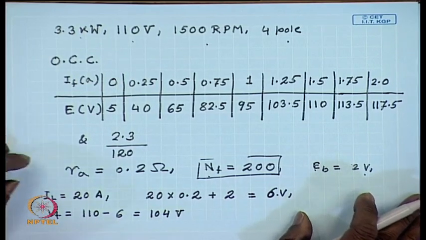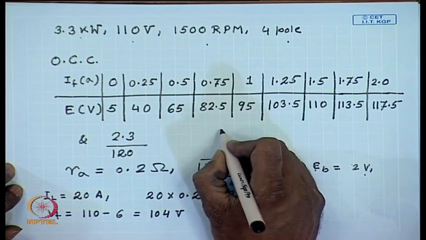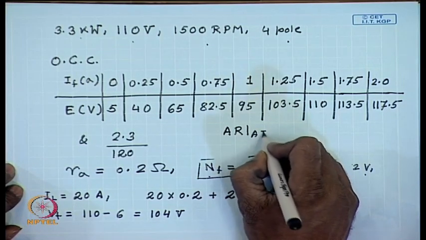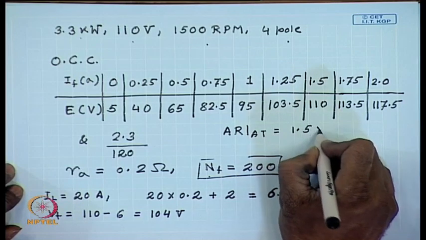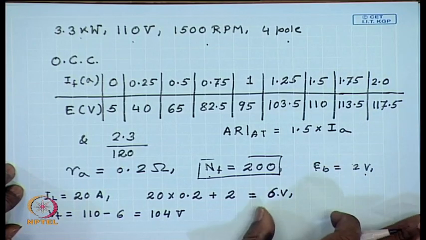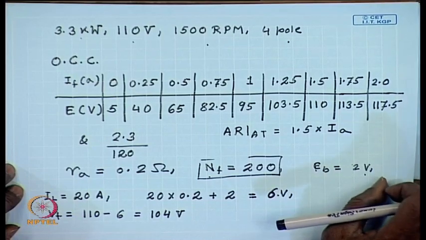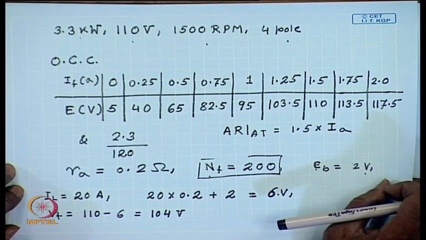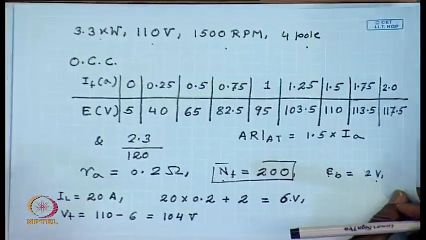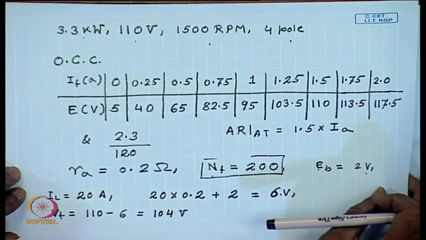Then we are also mentioned that the effective armature reaction ampere turns, AR ampere turns, equal to 1.5 times armature current I A. If this machine is operated as a shunt generator, let us try to find out the terminal voltage, first by neglecting armature reaction and next time including armature reaction.